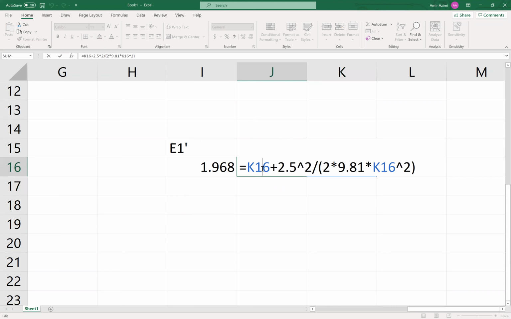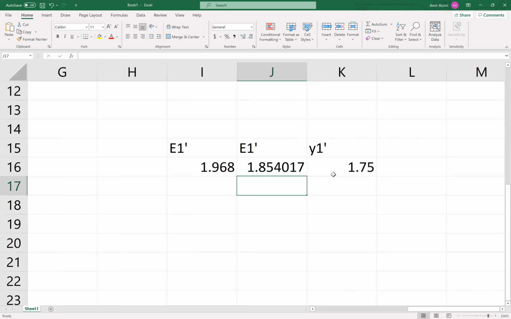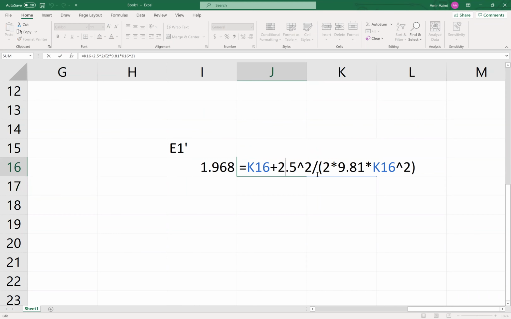So Y1 plus Q, 2.5 squared, over 2G times B0 times Y1 prime to the power of 2.